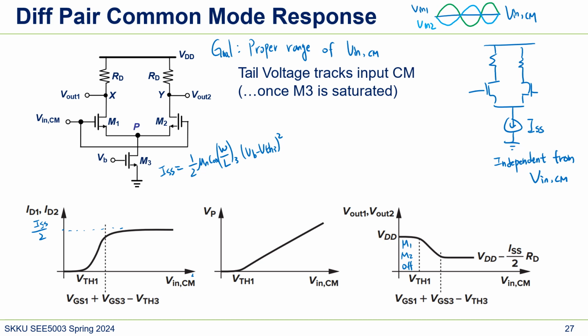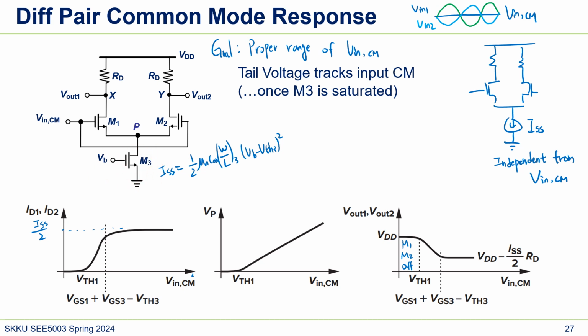Once M1 and M2 are fully turned on, because M3 operates as a current source, ISS over 2 will flow equally. We need to know when that happens. This voltage is what makes M3 saturated, and once M3 is saturated, ISS will flow.